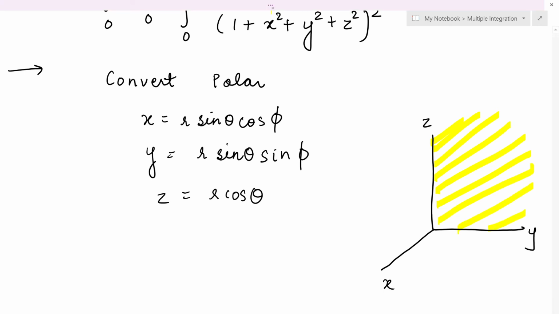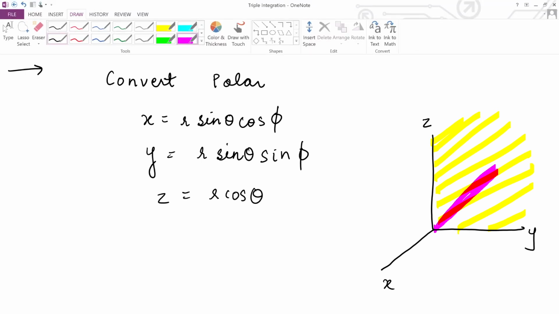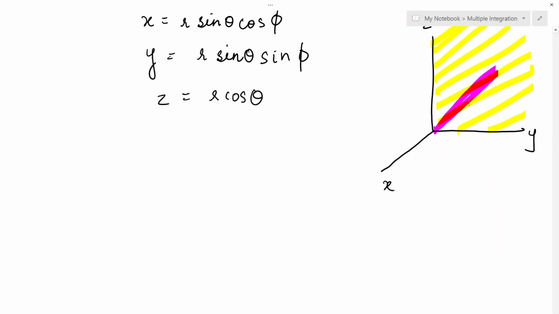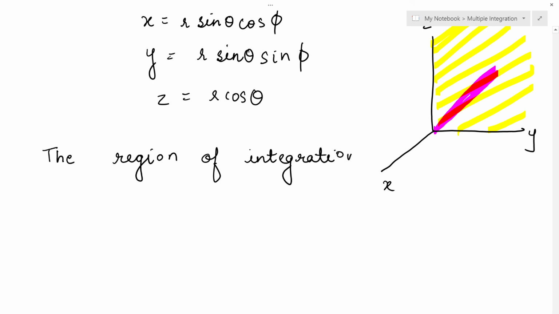So if I take a radial strip of this, the limits you can easily note down. So the new polar limits: the region of integration is the positive octant of the plane.